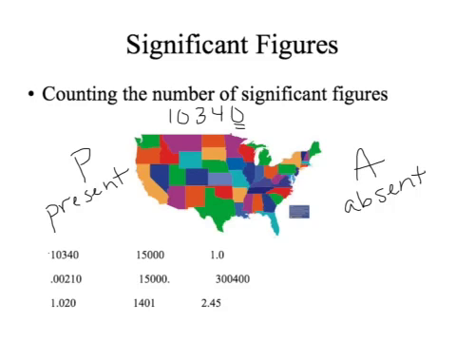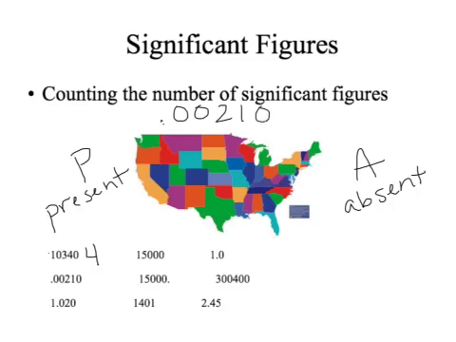So this number has 1, 2, 3, 4 significant figures. This number is on the Atlantic side, decimal is absent, so this number has 4 significant figures. When the decimal is present, we have to do just the opposite, which would be 0.00210.